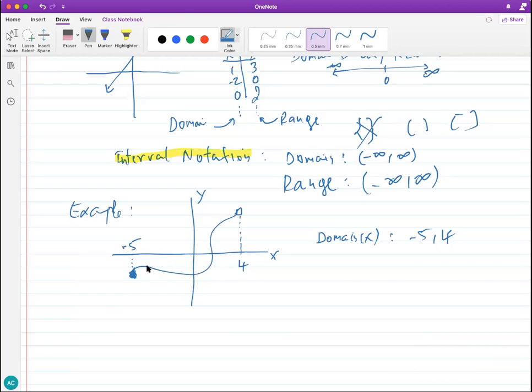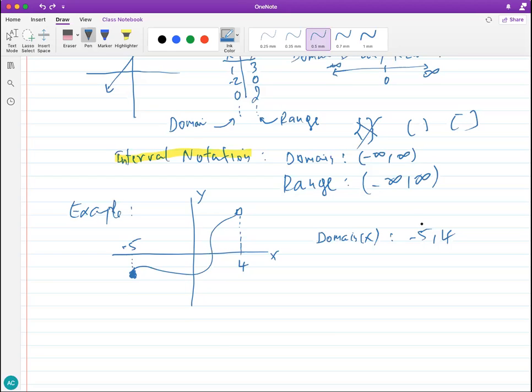Not only the integers, think about the decimals, 0.1, 0.2, 0.3, and so on. There are so many points to list in set notation, so we can't list all of them. Instead, we just say they go between -5 and 4. That's the domain. But we need to wrap them with something, either parentheses or brackets.